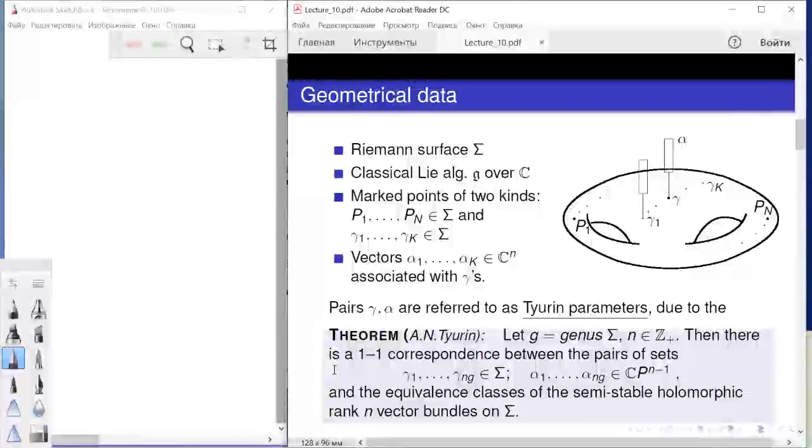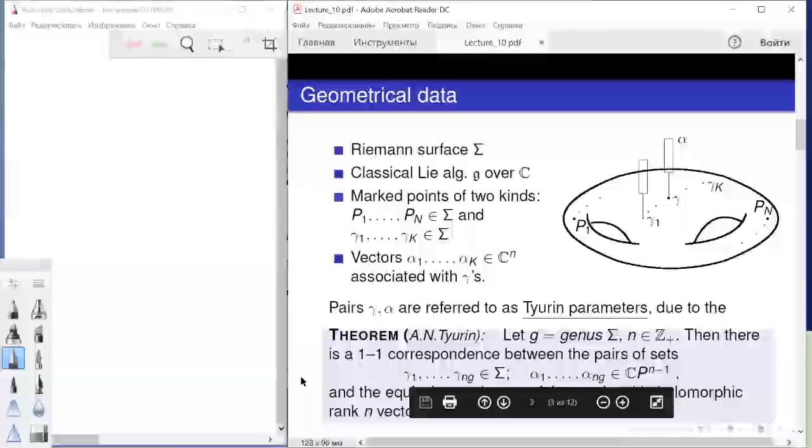A rank n bundle in general position can be given by such a set of parameters, gamma 1 and so on, gamma n g, and alpha 1 and so on, alpha n g.